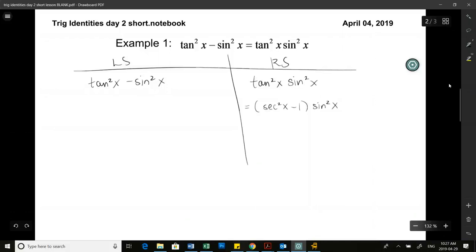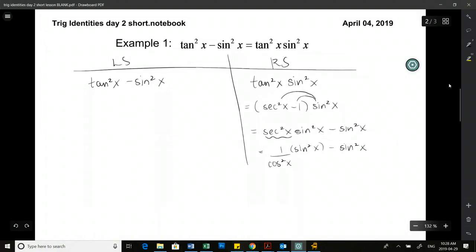So you'll notice here that if I distribute this in, I'll get secant squared x times sine squared x minus sine squared x. So just distributing that sine squared x in and multiplying it by each term. And then if I think of secant squared x as its reciprocal function, 1 over cos squared x, you guys might start to notice something about how we are almost getting to the left side here.